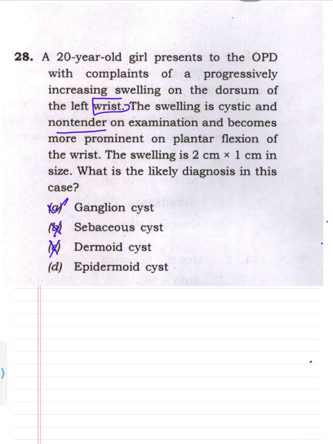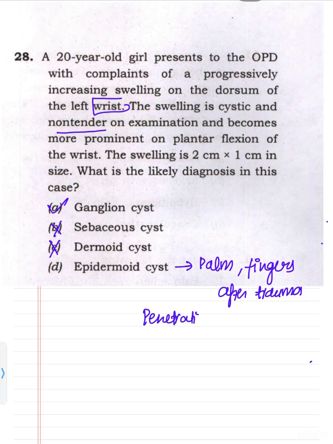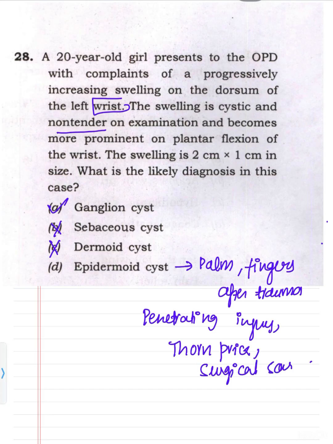Coming to epidermoid cyst. So epidermoid cysts are generally found in the palms, fingers, especially after trauma. So there will always be a history of previous penetrating injury, thorn prick, or surgical scar. An epidermoid cyst lies in the subcutaneous tissue.